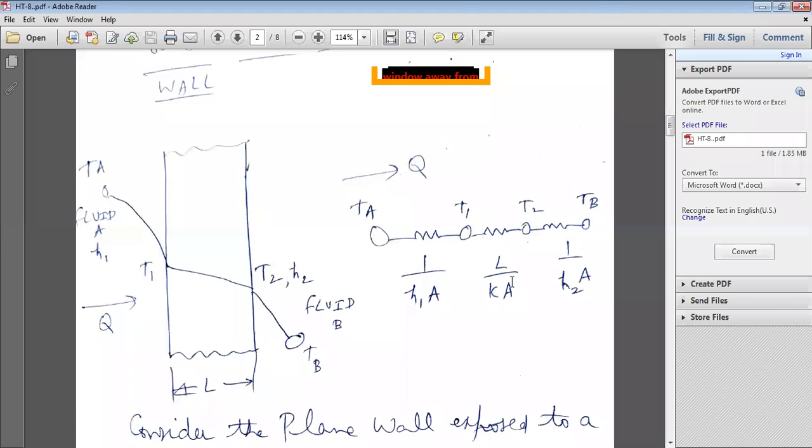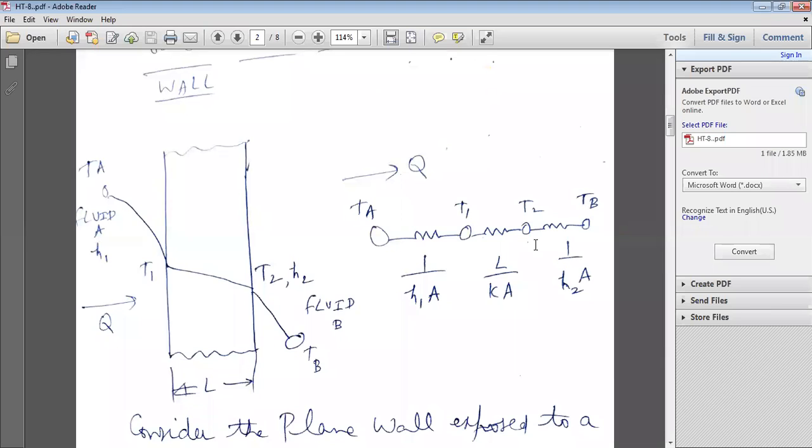What is the conduction resistance? It is L by kA, where L is the thickness of the material, k is the thermal conductivity of the material, and A is the normal area. This corresponds to the temperature drop from T1 to T2.